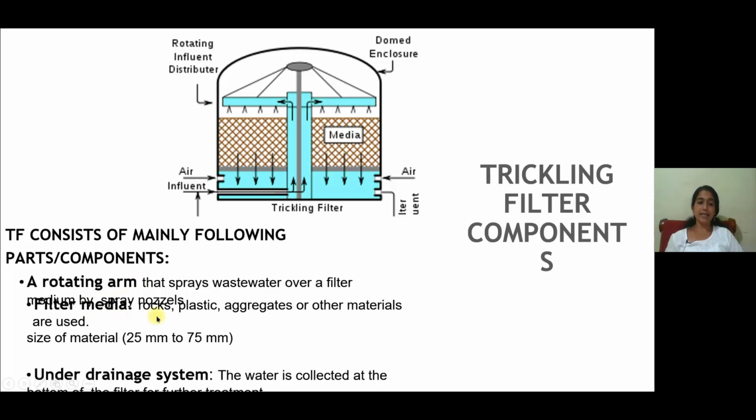The filter media basically consists of rocks, inert plastics, aggregates or other materials, and the size of the material will be 25 mm to 75 mm. An underdrainage system is provided to collect the filtered water coming from the filter media.